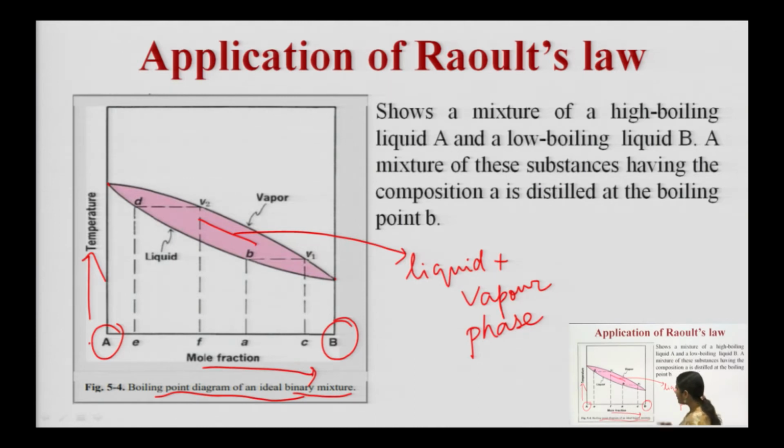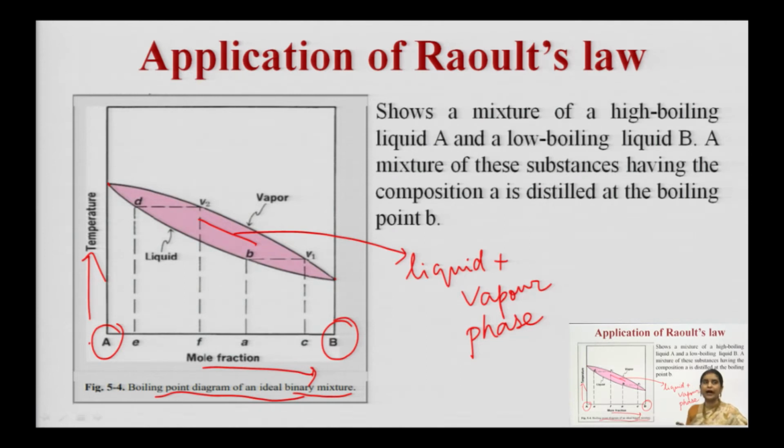To plot this curve, we have taken different compositions of A and B, that is, different mixtures with different compositions of A and B are heated or boiled, and then their graphs have been plotted.